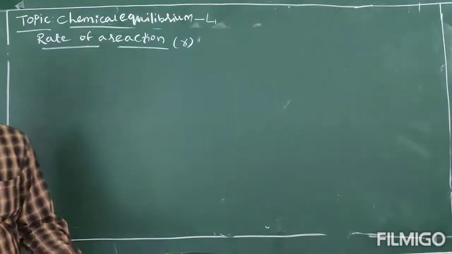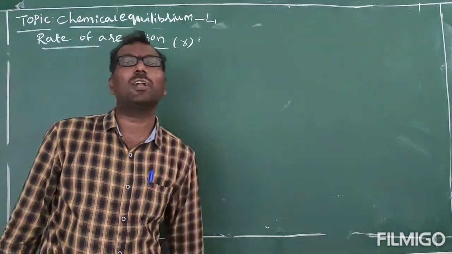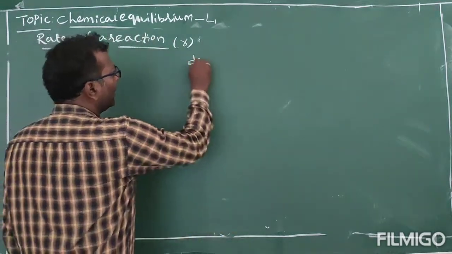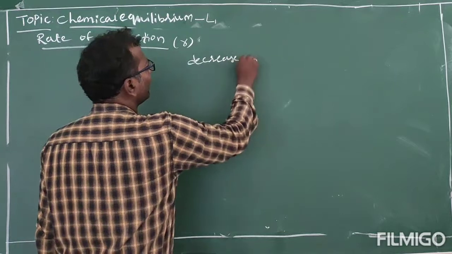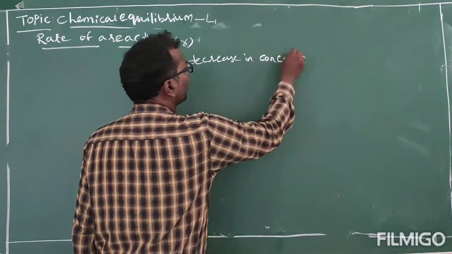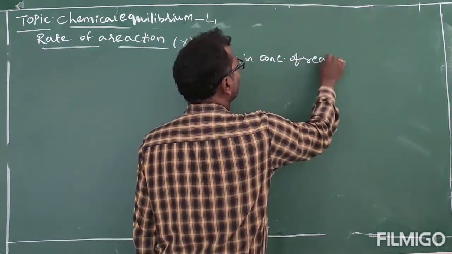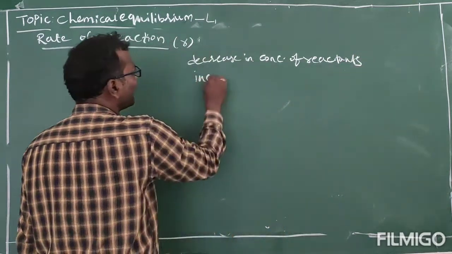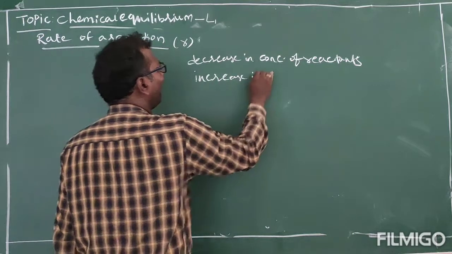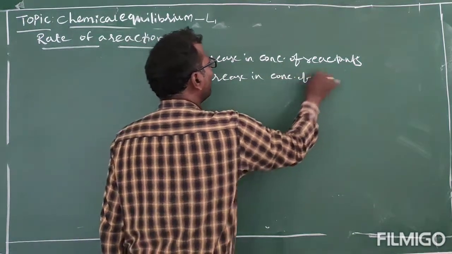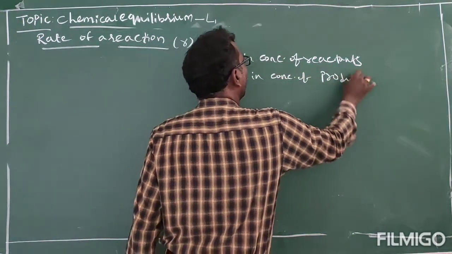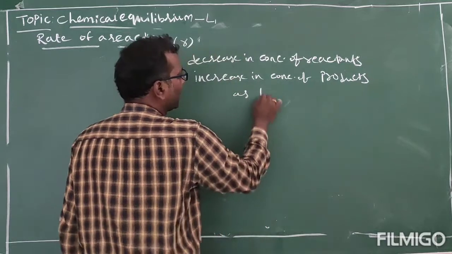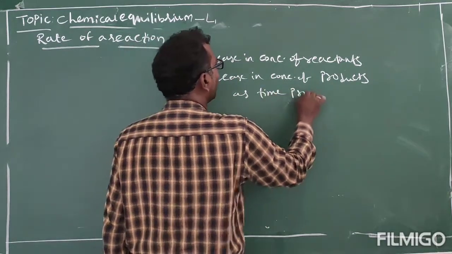So what we are saying, during a chemical reaction, what happens? There will be decreasing concentration of reactants and increasing concentration of products as time proceeds.